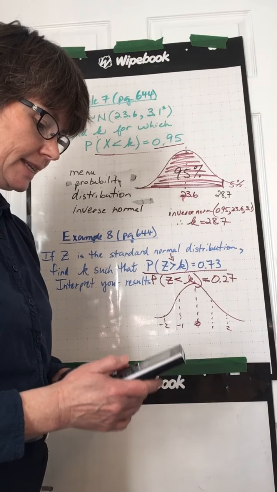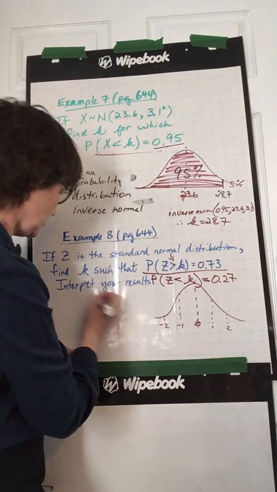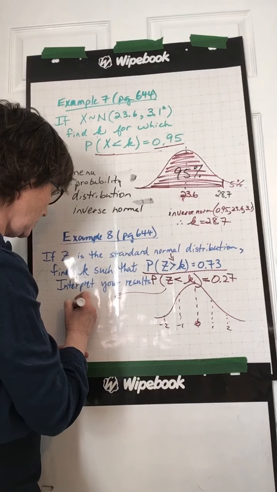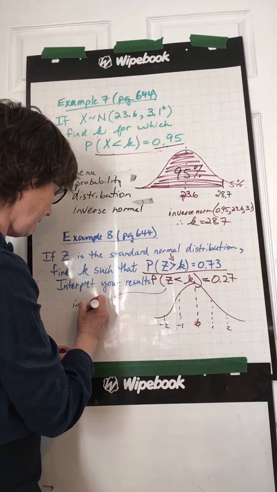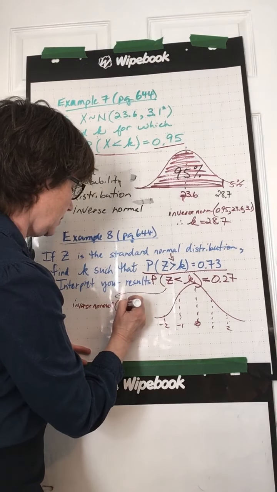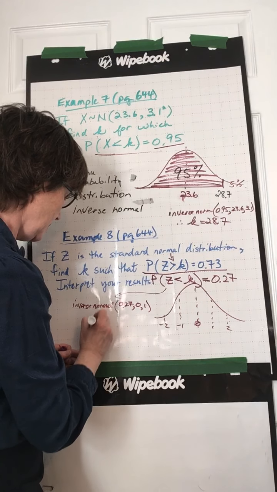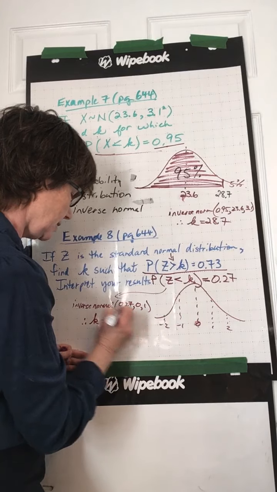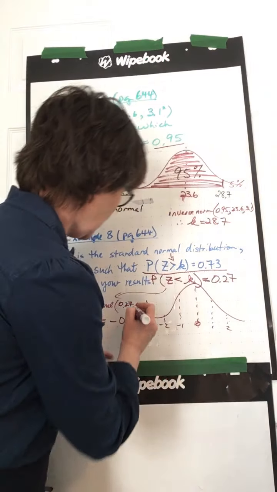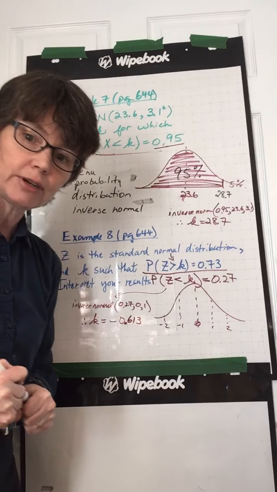Press OK, and negative 0.613. Okay, so our next step here would be inverse normal 0.2701. Therefore, k equals negative 0.613.